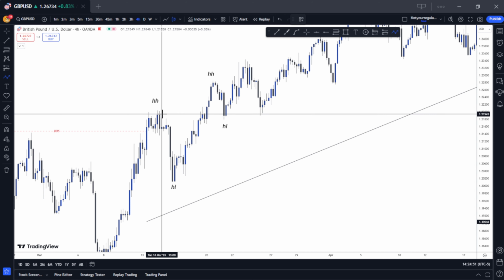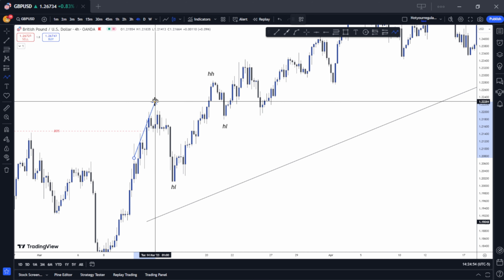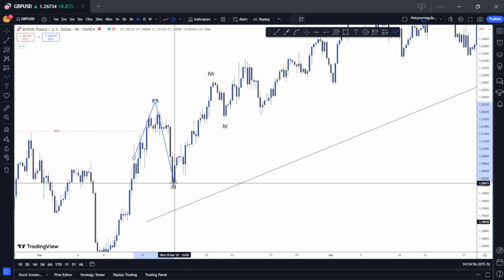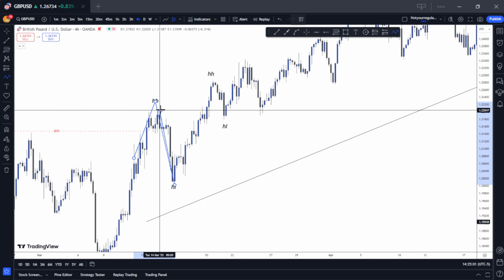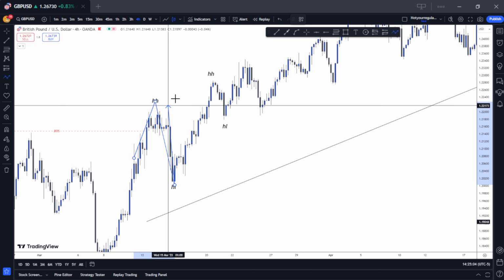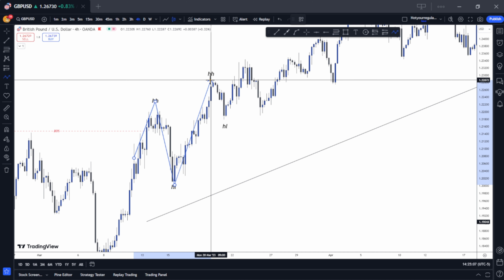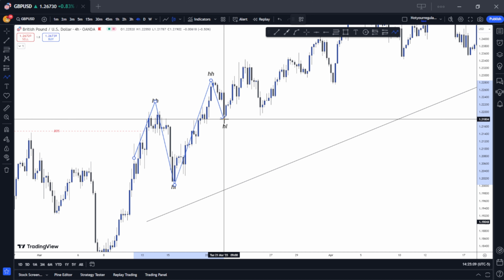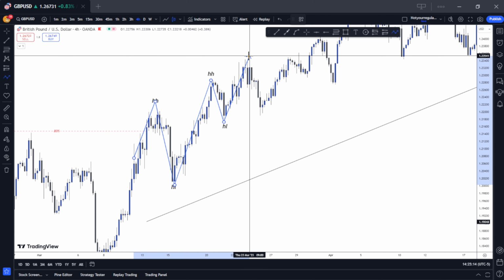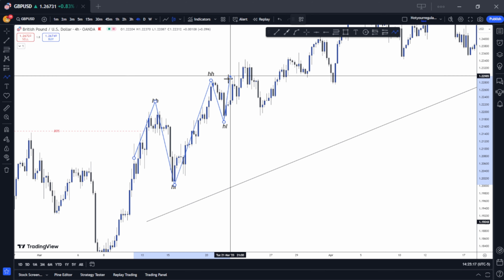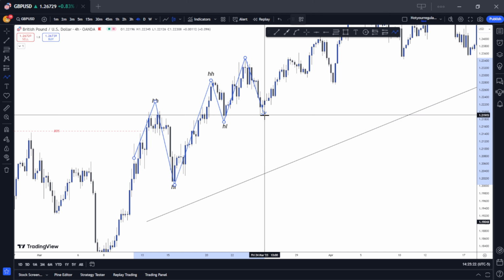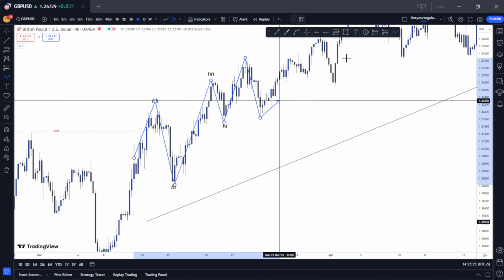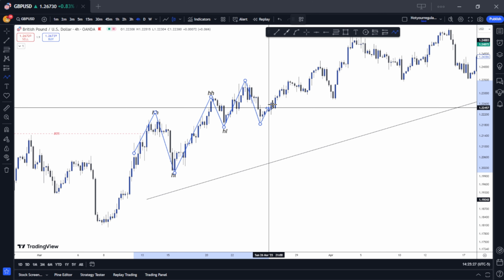The market created our higher high, then pulled back and created our higher low, then took off again and broke this previous high, which is also a break of structure right here. It created this new higher high, had a mini pullback, and created this new higher low, then took off again, took out this higher high, a break of structure again, then gave us this new higher low, and so on.